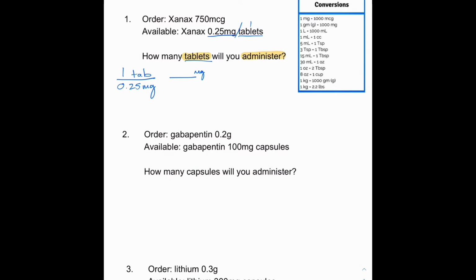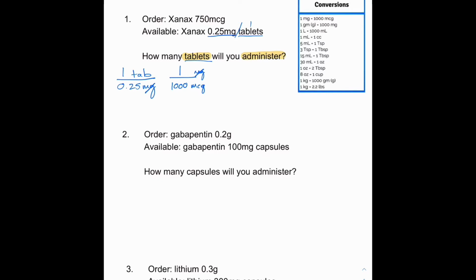This helps us know which one goes on top and which one goes on bottom, because in order to cancel, I've got to get rid of milligrams. Milligrams has to go on top, okay? So I'm going to put my 1 milligram on top there over 1,000 micrograms. So we cancel those.